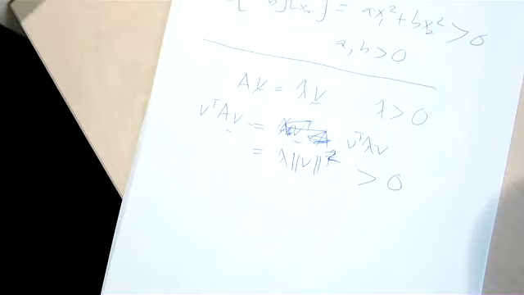For example, suppose I take this matrix. You can show that if I take the matrix R to be like this, which is upper triangular, then when you multiply R transpose with R, you recover the original matrix. And this matrix, we showed before, is symmetric and positive definite.